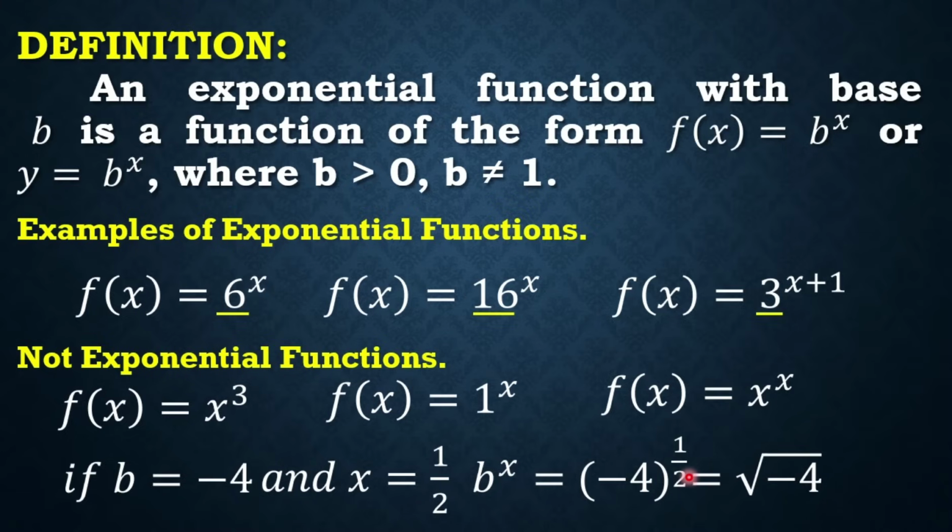At hindi pwede yung negative 4 inside of radicand, di ba? So therefore, kailangan tandaan natin na ang base natin dito ay greater than 0 and dapat hindi siya equal sa 1. Ibig sabihin nun, pwede ka magkaroon ng base na 1/2, 1/3, hindi pwedeng 1 ang magiging base mo. Greater than 0 but not equal to 1.